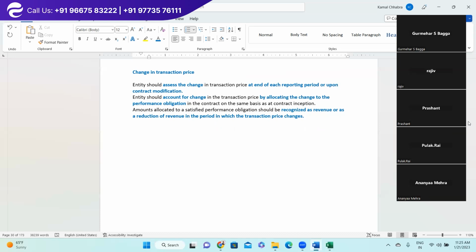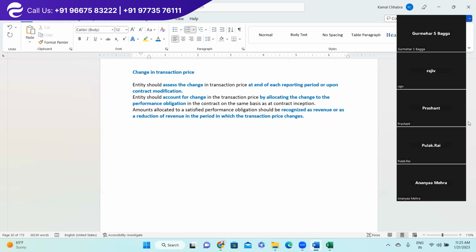Okay, next topic is change in transaction price. Entity should assess the change in transaction price at end of each reporting period or upon contract modification. So there are two times when, as an entity, we need to assess change in transaction price. The first one is if there is any modification in the contract. What is a modification of contract? Change in price, change in scope, or both, right?